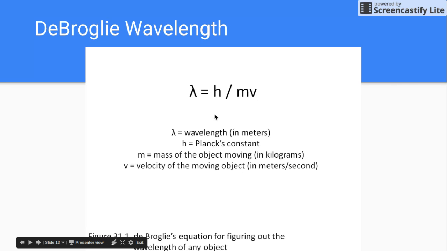So imagine I was walking at 2 meters per second. My mass times my velocity would be my momentum. My wavelength would be close to maybe 10 to the minus 37 meters. So my wavelength is very, very small, so small we can't see it.